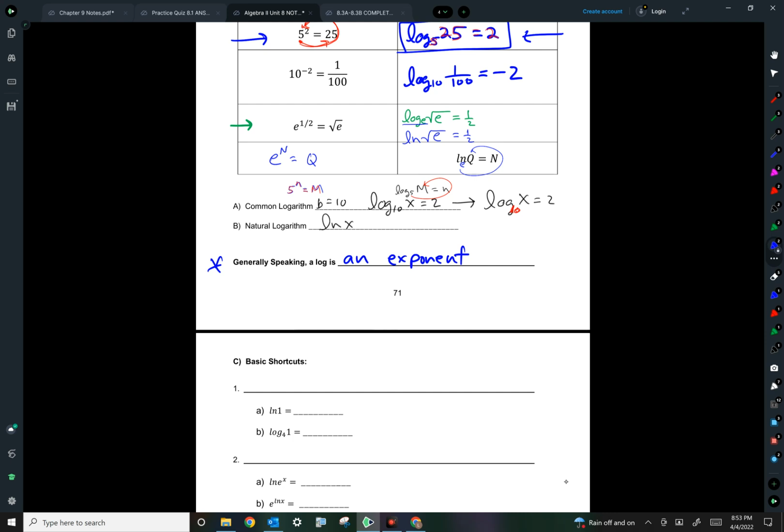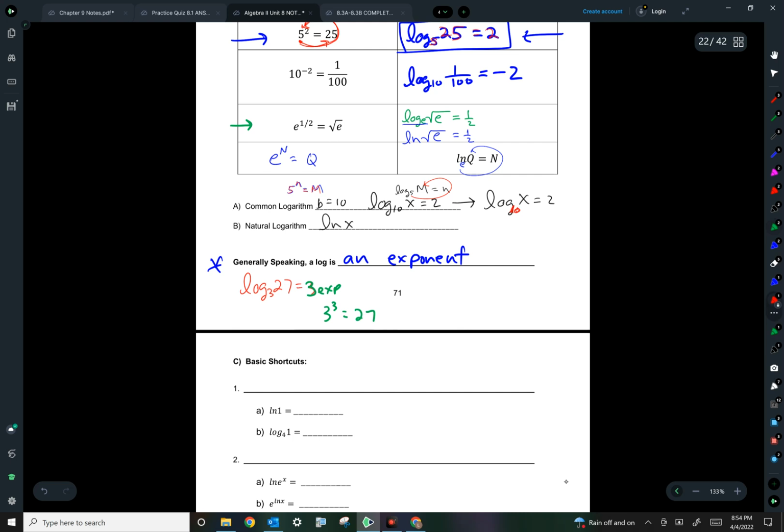If I said, for example, log base 3 of 27 equals 3, that 3 is an exponent, because aren't we saying that 3 to the third equals 27?